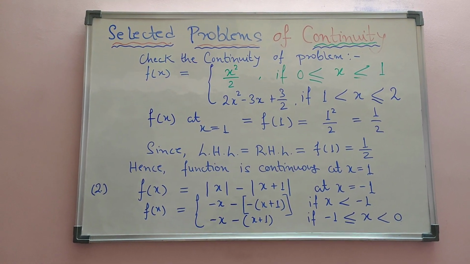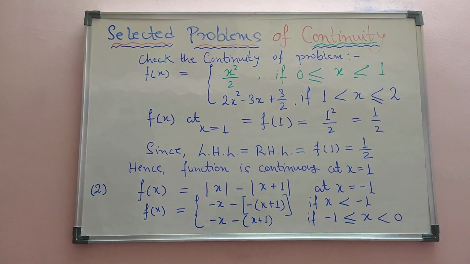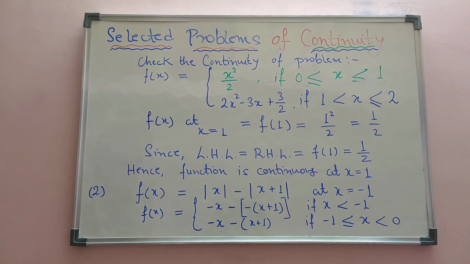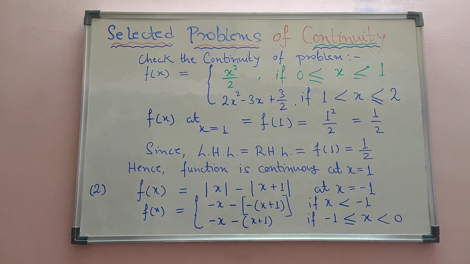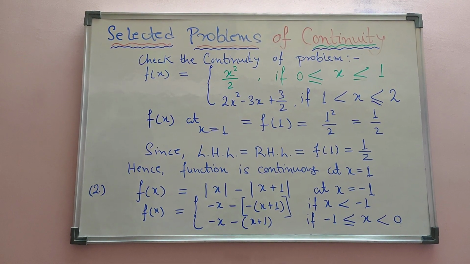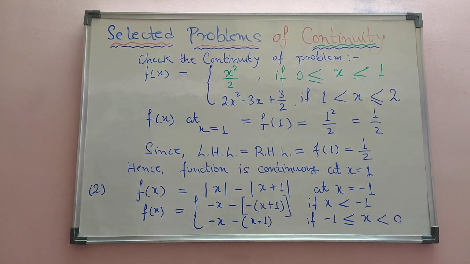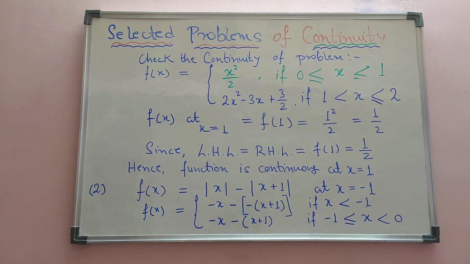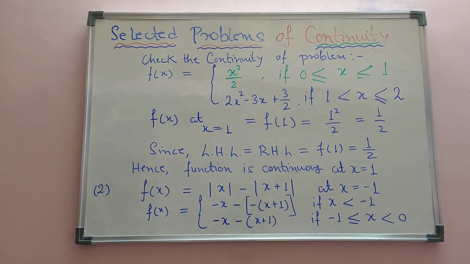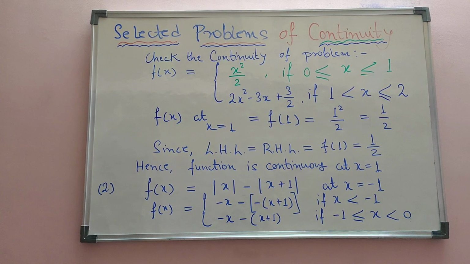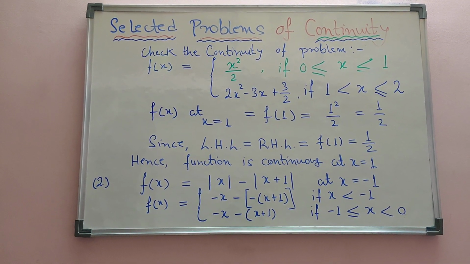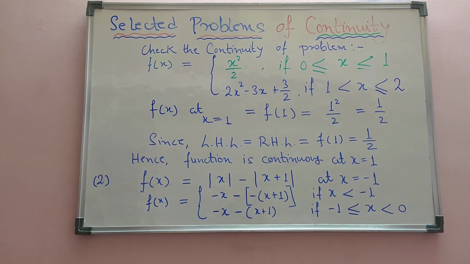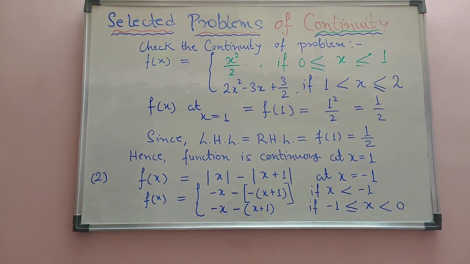You can see the first equation is given x square by 2 and your x interval is given 0 less than or equal to x, x less than or equal to 1. So that equation will be valid for f of x at x equal to 1. So put f of 1 equal to, in place of x, 1 square by 2, so it becomes 1 by 2.